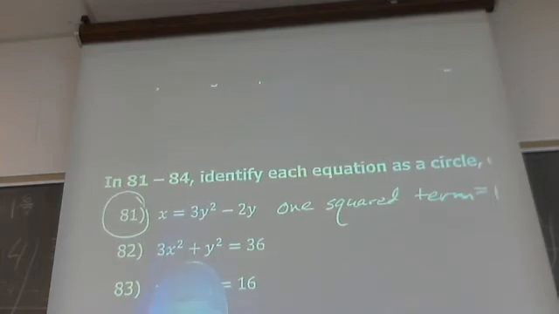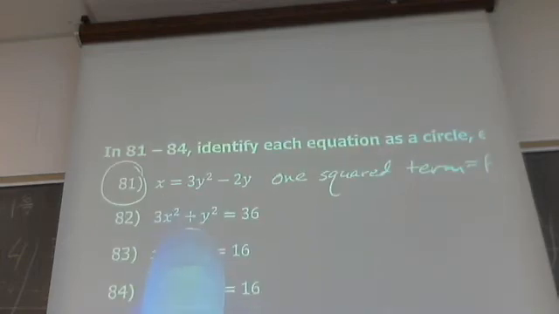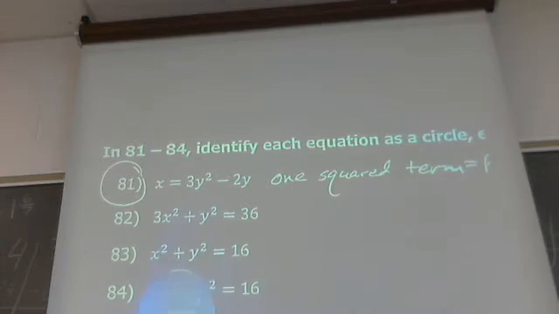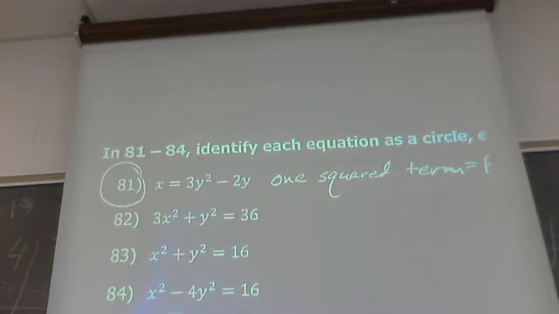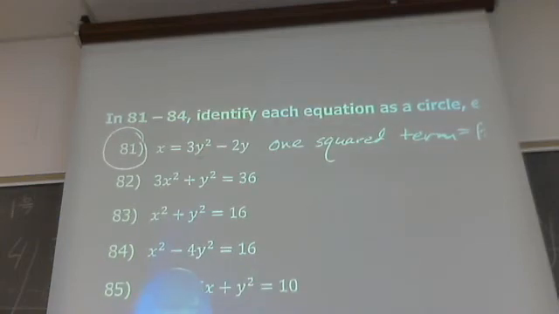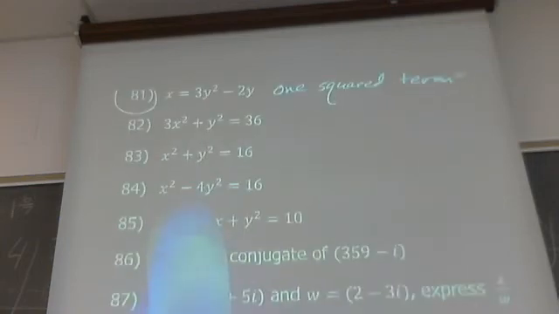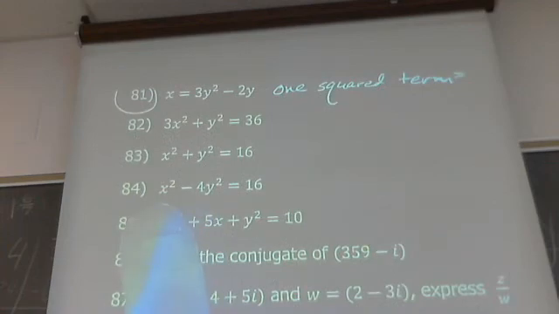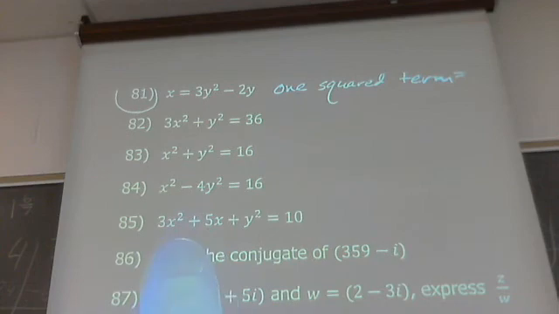Two squared terms, both positive, different coefficients, that's an ellipse. Two squared terms, both positive, same coefficient, that's a circle. Two squared terms, one plus and one minus, that's a hyperbola. By the way, it opens to the left and to the right because the squared term that is positive is x. Two squared terms, both positive, different coefficients, that's an ellipse.